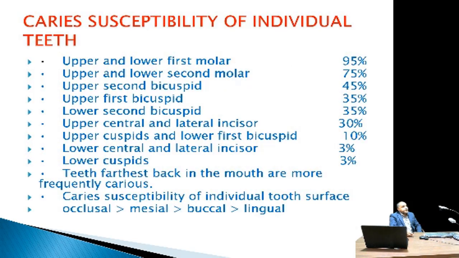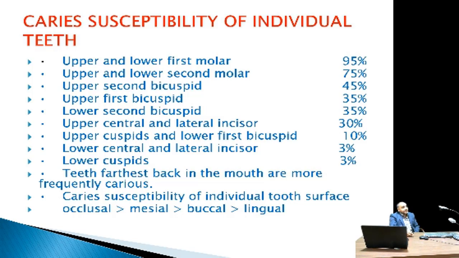Caries susceptibility of individual teeth. هنا نشوف prevalence of dental caries among teeth. Upper and lower first molar, high percentage of dental caries, 95%. Upper and lower second molar, 75%.